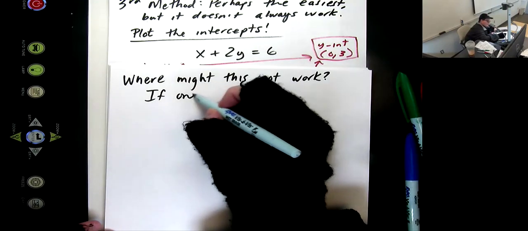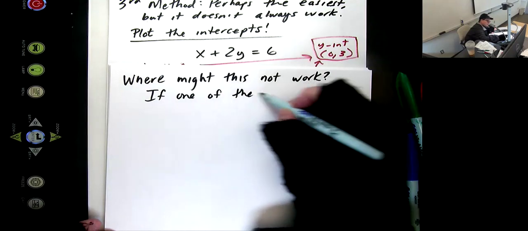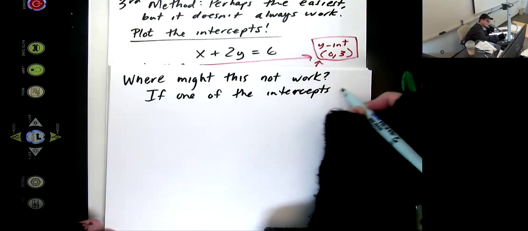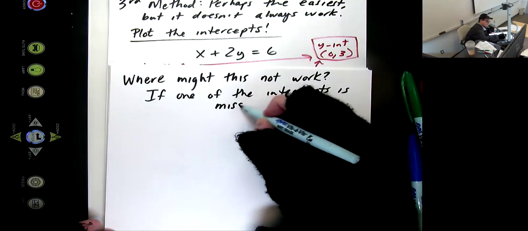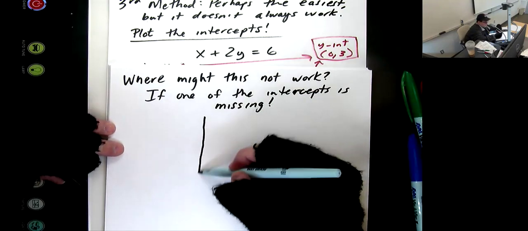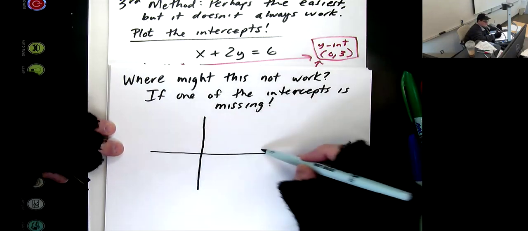If one of the intercepts is missing. That's exactly correct. So what kind of situations arise that have that?